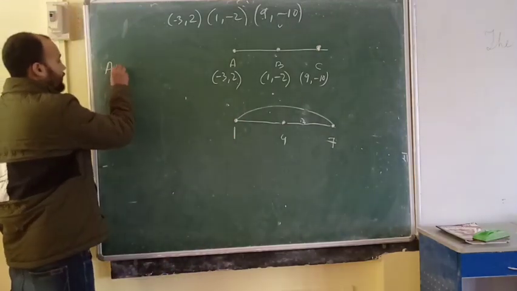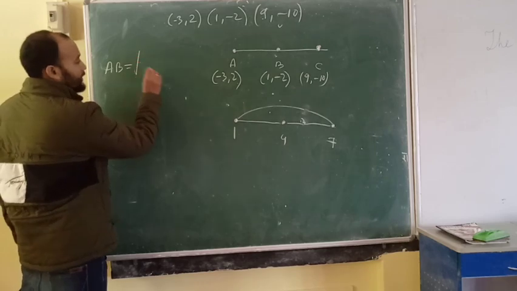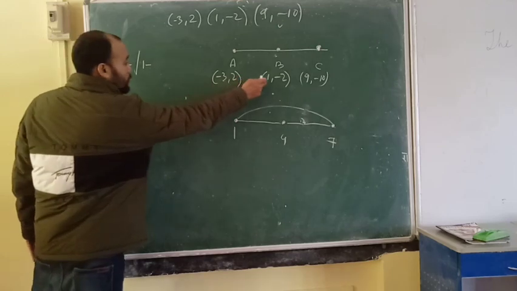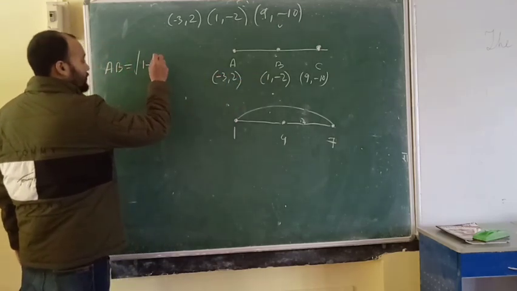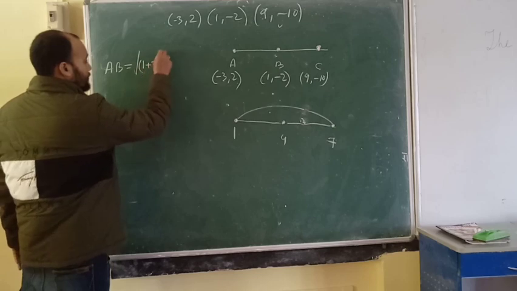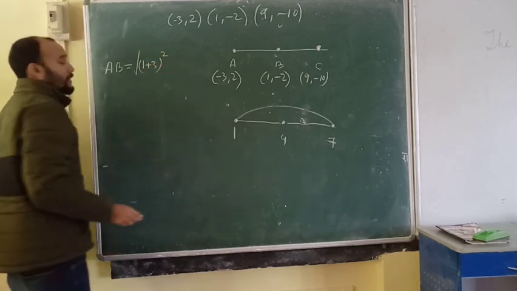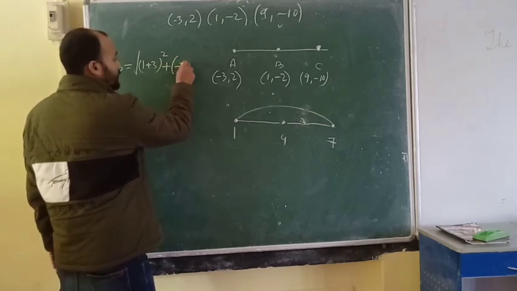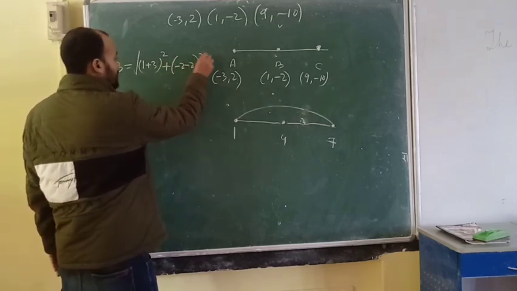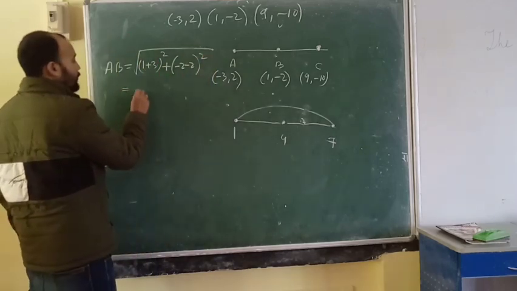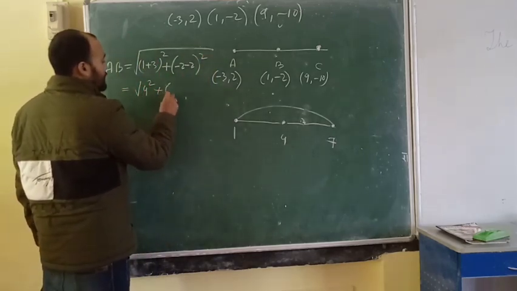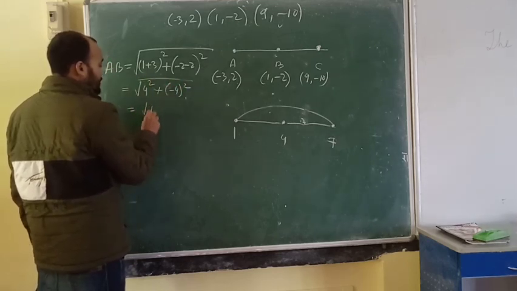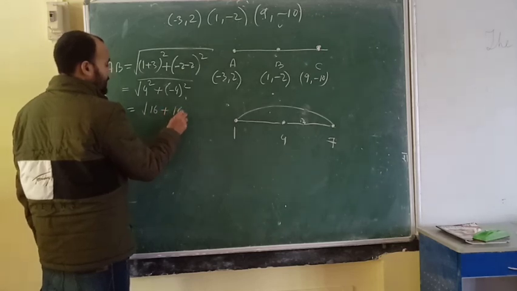Find the value of AB. AB is root over x2 minus x1 whole square, 1 minus minus 3, so 1 plus 3 whole square, plus y2 minus y1 whole square. y2 is minus 2, so minus 2 minus 2 whole square. This is root over 4 square plus minus 4 square, that is root 16 plus 16.